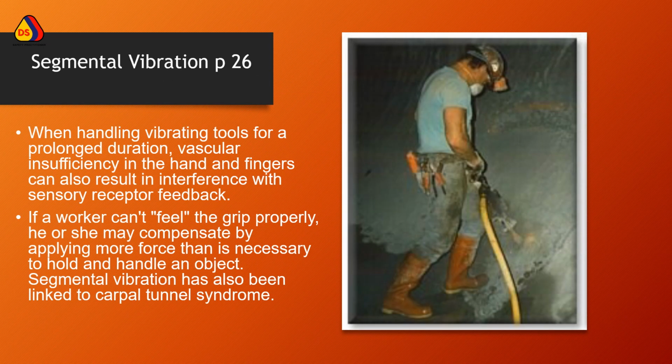Segmental vibration refers to a type of vibration that occurs in distinct segments or sections of an object or structure rather than propagating uniformly throughout the entire object. This phenomenon often arises in complex mechanical systems such as machinery or vehicles and can have various causes and effects.